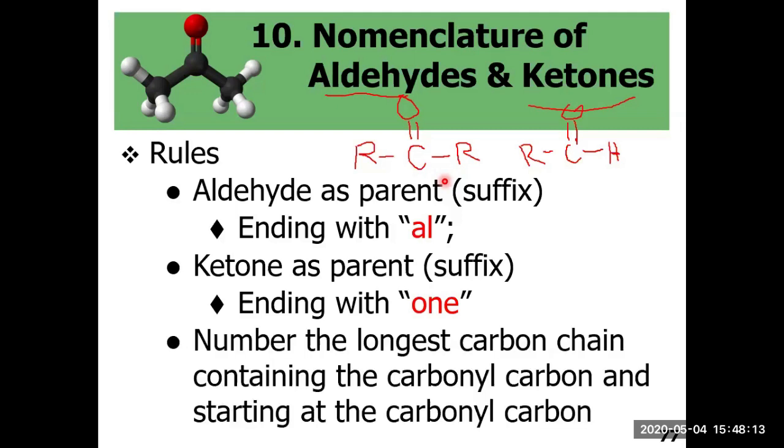Just like what we did in the previous discussions of organic nomenclature, the first thing we have to do is to find the parent. And the parent for aldehydes and ketones should still be the longest continuous carbon chain, and this should contain the carbonyl carbon. The numbering should always start at the end nearest the carbonyl carbon. Okay, so we have some examples for us to apply the rules.